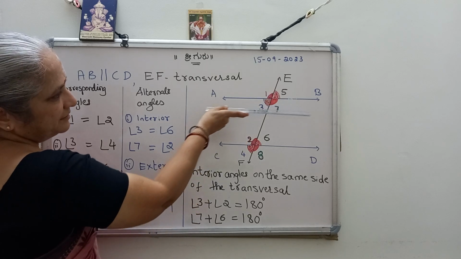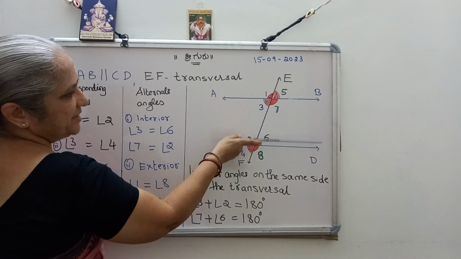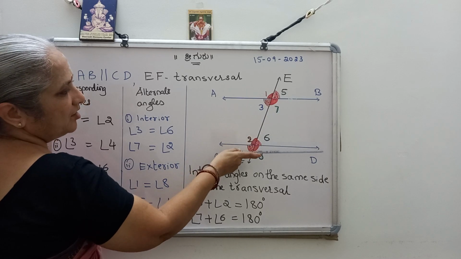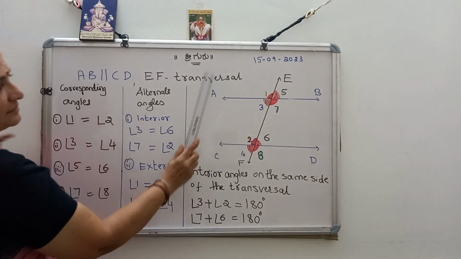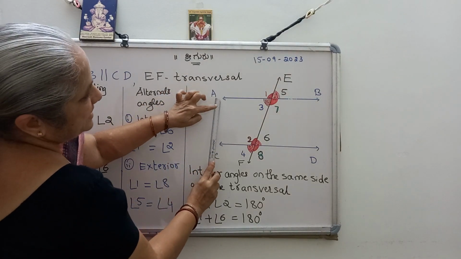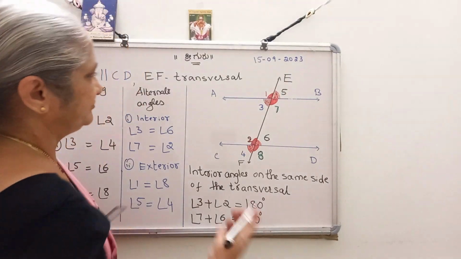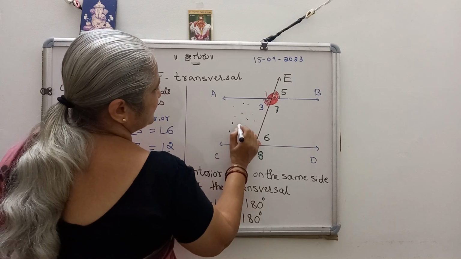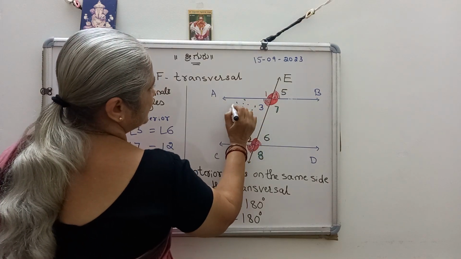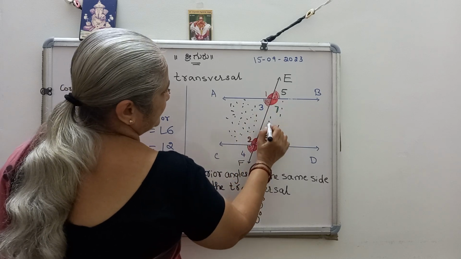Exterior means outside the parallel lines. These two, AB and CD, are two parallel lines. Outside the parallel lines, and inside, this is called the region inside the parallel lines.